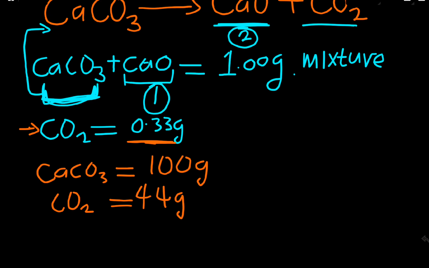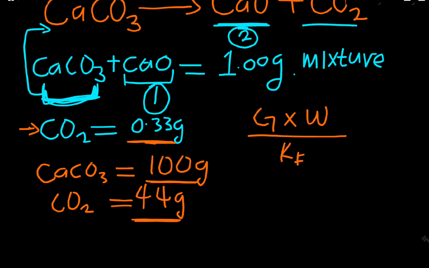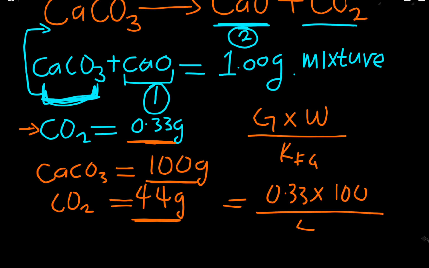Now the standard mass of it is 44 grams, and the standard mass of calcium carbonate is 100 grams. So given times what we want over what we know: it becomes 0.33 times 100 over 44.